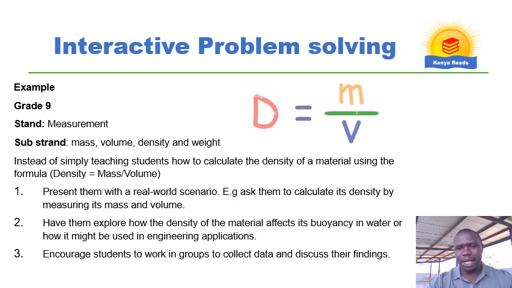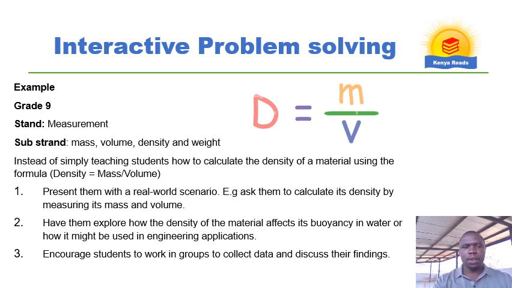Real world means that from what they have been measuring and exploring, measuring mass and volume of objects, whether they are irregular or regular, they'll be able to connect this to, for example, engineering applications. The idea of making ships, why ships float on the surface of water, and very many other things.